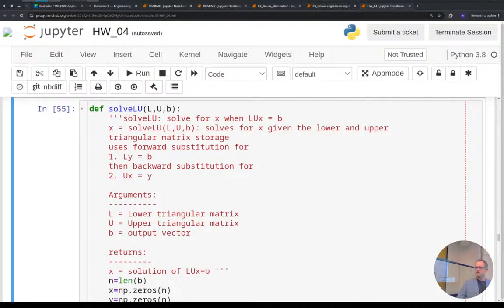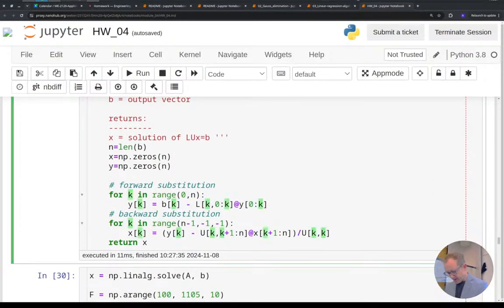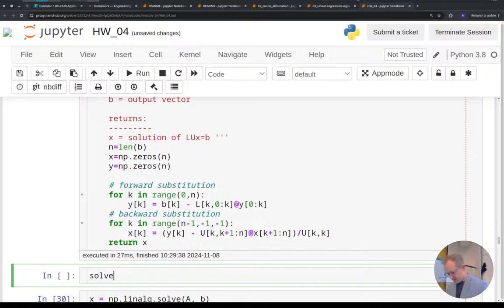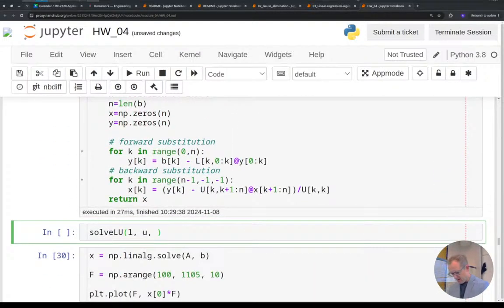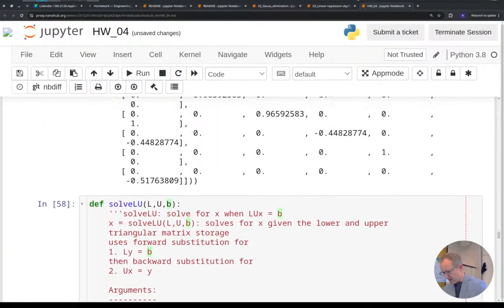It goes through two for loops to first solve the forward substitution, then the back substitution. So I could use that and say solve LU, and I give it L and U, and then I think I called it B?